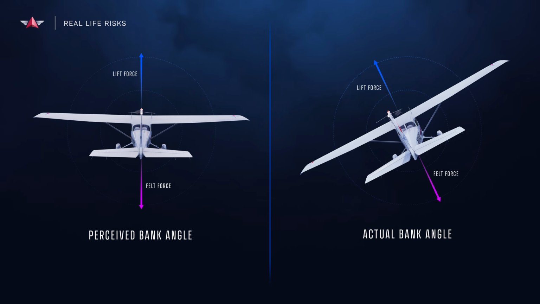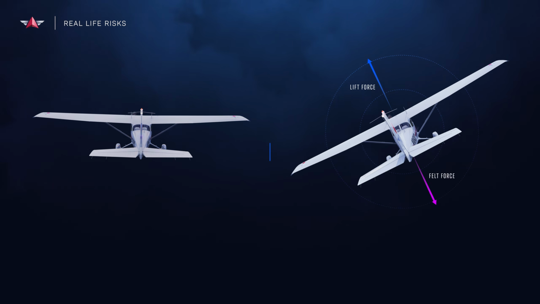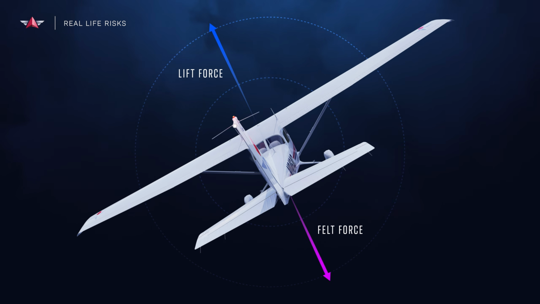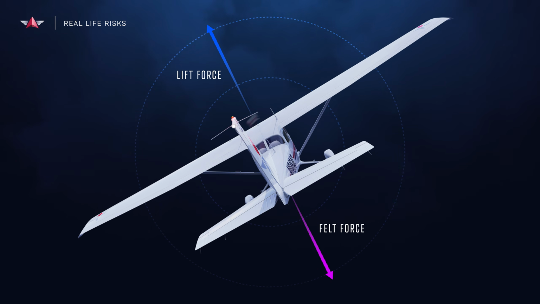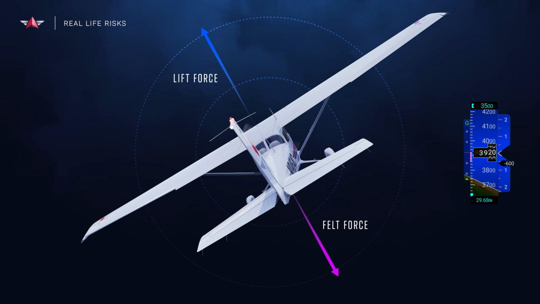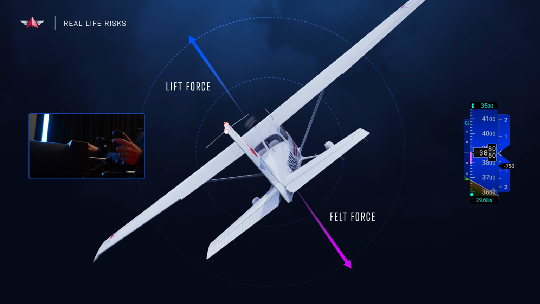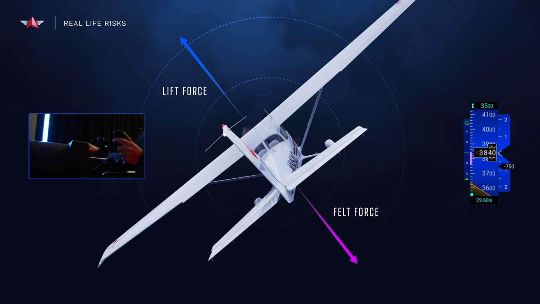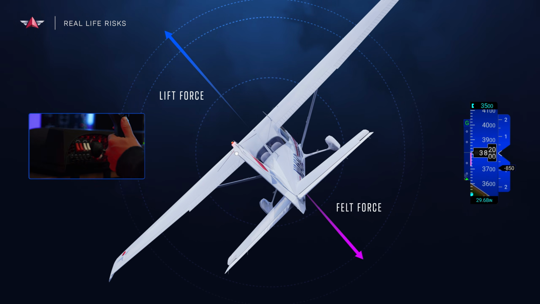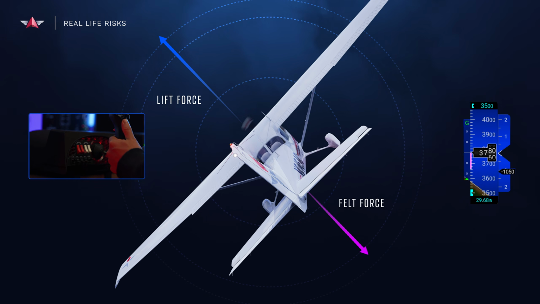But let's now consider the pilot who believes they are in level flight, while they're actually slowly rolling to one side. Once a roll develops, some loss of altitude is expected. When seeing this, the pilot will begin to instinctively pull back on the yoke. This only tightens the turn and does nothing to arrest the increasing bank angle.